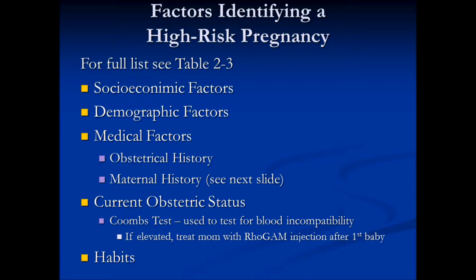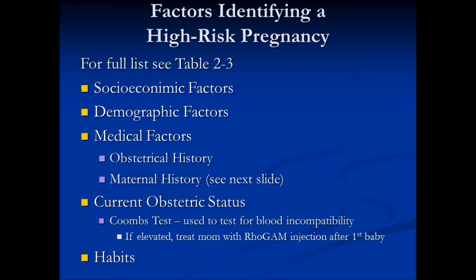Medical factors fall into two categories: obstetrical history and maternal history. We'll go into the maternal history a little more in depth because that's the part that is concerning for us as respiratory therapists. But the obstetrical history, they mention lots of things.